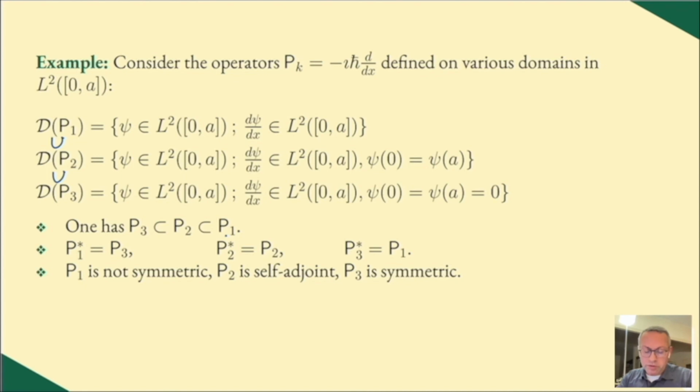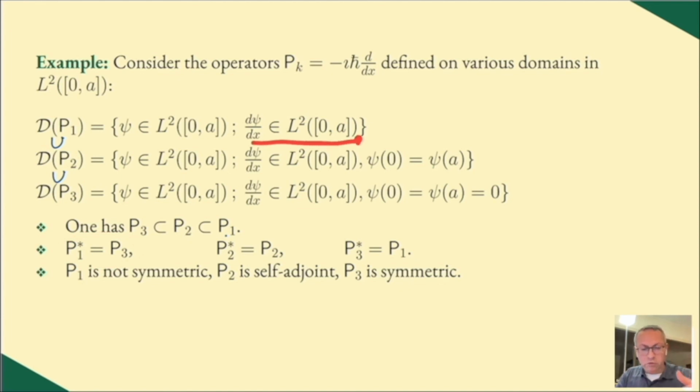You can compute the adjoint of these three operators very much in the way we proceeded in the last example. The only difference is that you should take care of the boundary conditions. For example, if you look at P1, in its domain there's no boundary condition, right?